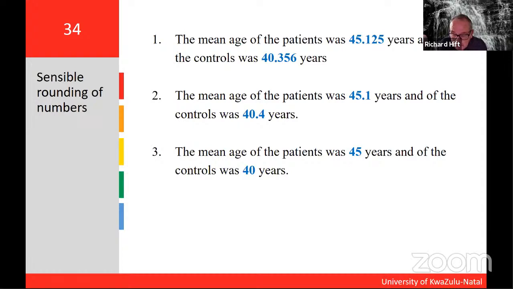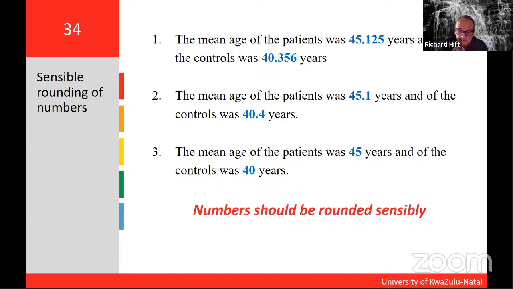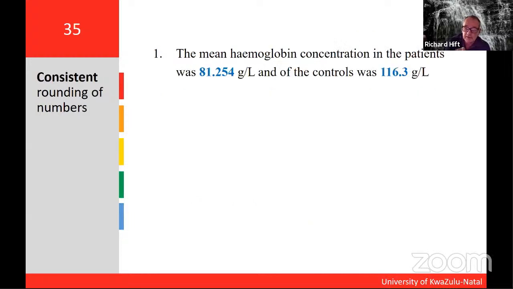The scientific method is to say, I cannot state my result more precisely than 1 decimal place, and therefore I will not state my number more precisely than 1 decimal place. The other is scientifically illiterate. So I sum that up as numbers should be rounded sensibly. In other words, you've got to think about what you are doing in order to decide how to write them.